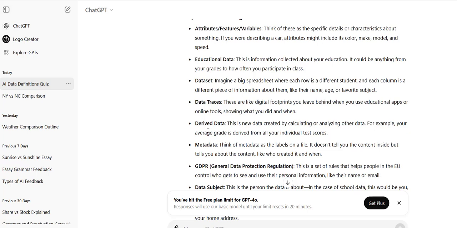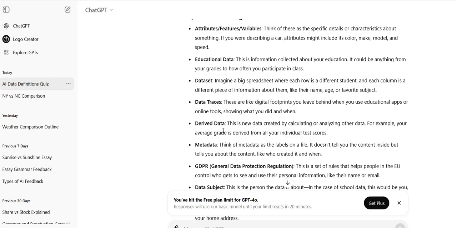The first time I read about derived data, I didn't understand what it meant when the textbook said that derived data is new data created by calculating or analyzing other data. That was my original definition.